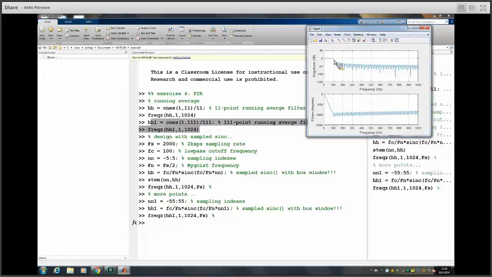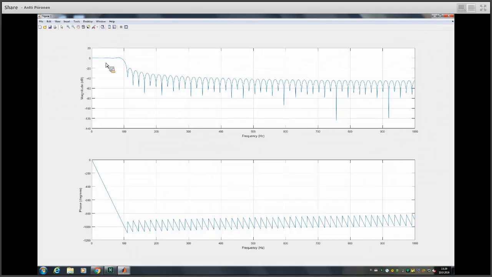But still, we have the box window, meaning that the rest of that filter is more or less as crappy as a running average filter, since the attenuation goes only at around that 40 dB, not much. But now we can apply some smoother windows.